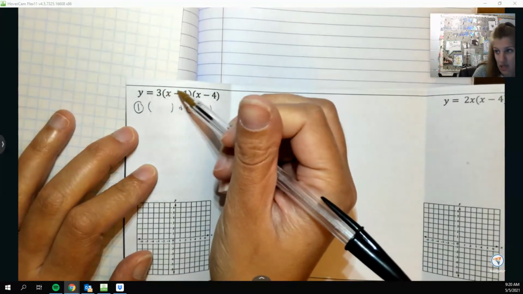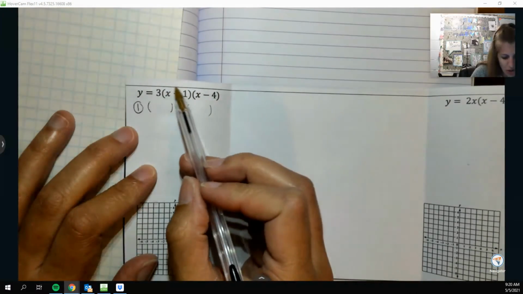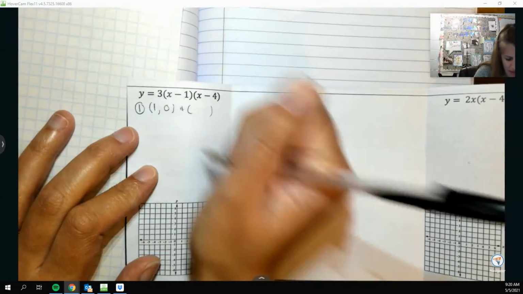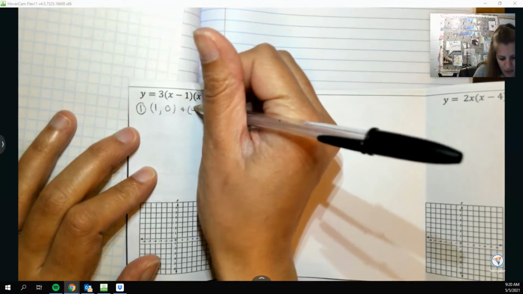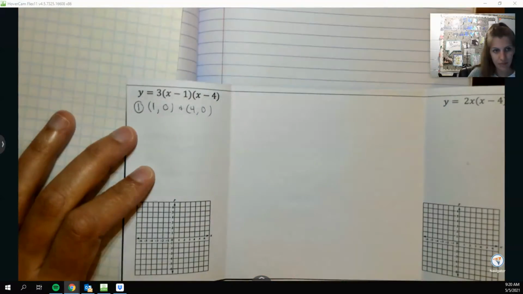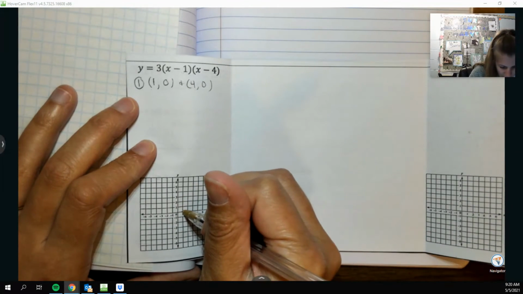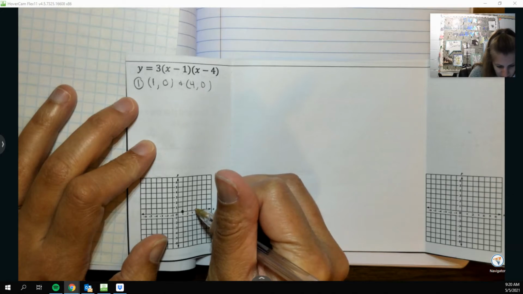And they come from the numbers inside parentheses, but opposite. So when I look right here, I'm going to take the 1, 0. And then when I look over here, I'm going to take the 4, 0. Okay, so then I go plot those. We are at 1, 0 and 4, 0.